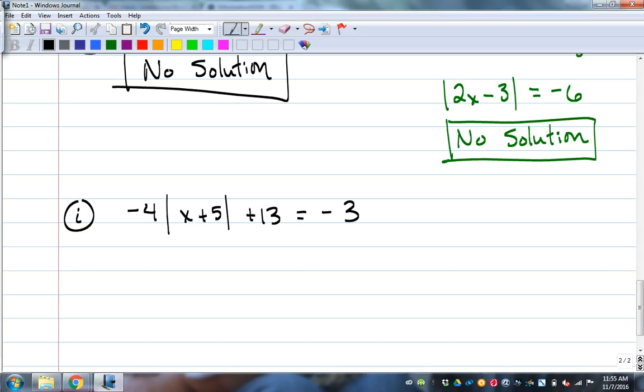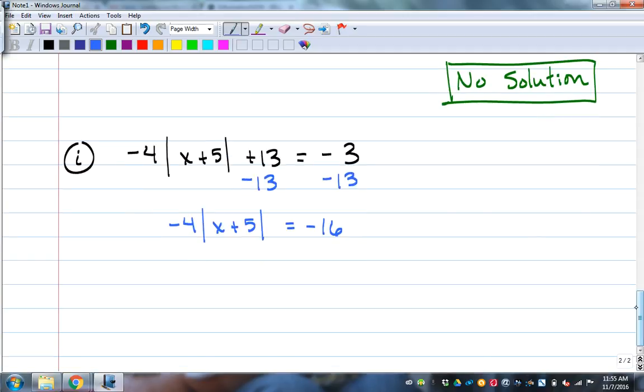So this one looks like it would be no solution because we've got a problem that has absolute value in it and it's equal to a negative number. But what do I need to do first before I can decide that? Subtract the 13. All right, so here we almost have the absolute value by itself. It's still equal to a negative, but it has this -4 in front.